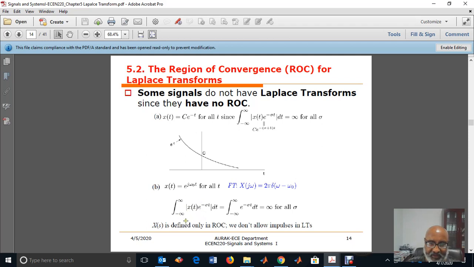To check this, again, the integration from minus infinity to infinity of x of t e raised to minus sigma t dt, and because of the absolute value, when we take the absolute value of e raised to j omega naught t, it is 1, so it will be the integration from minus infinity to infinity of e raised to minus sigma t dt. Again, this will be infinity, whatever sigma value we have. So the Laplace transform does not exist.